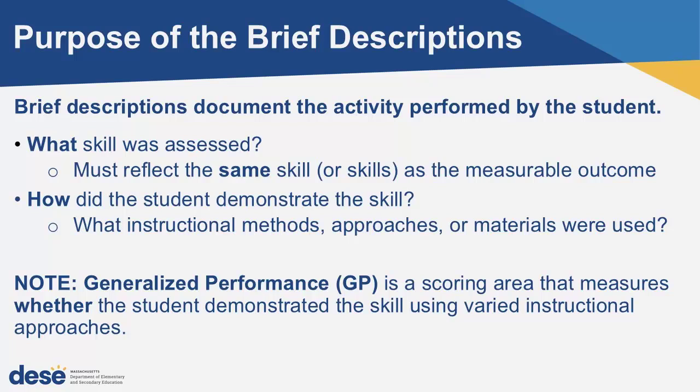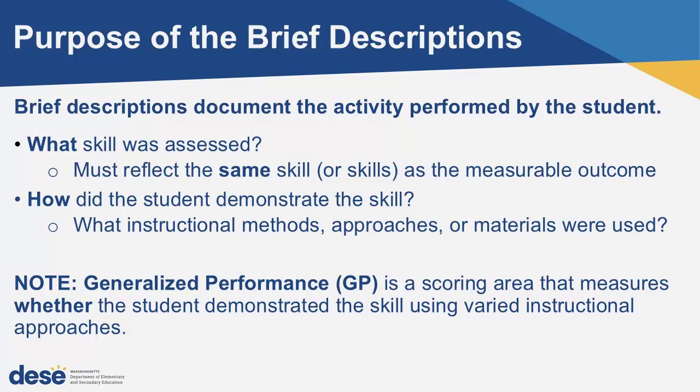And we talked about it a lot in that first half about how that skill must be the same skill that's in the measurable outcome. And then how did the student demonstrate that skill? What were the instructional methods or approach? What kind of materials were used?